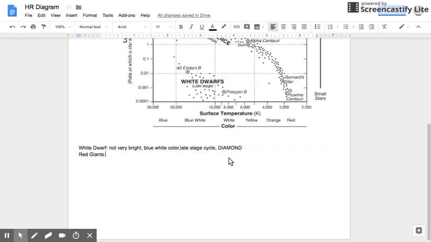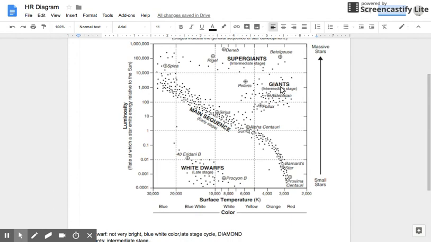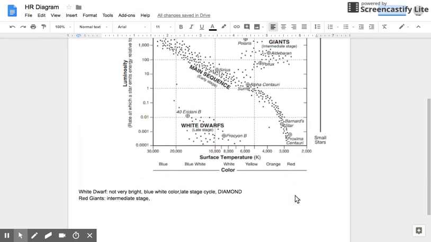That's important because later we're going to be talking about what all of these stages mean. For the giants, I'm seeing they are cool in temperature, on the low end of the spectrum, and red in color. That's why we call them the red giants. Red color and very cool.